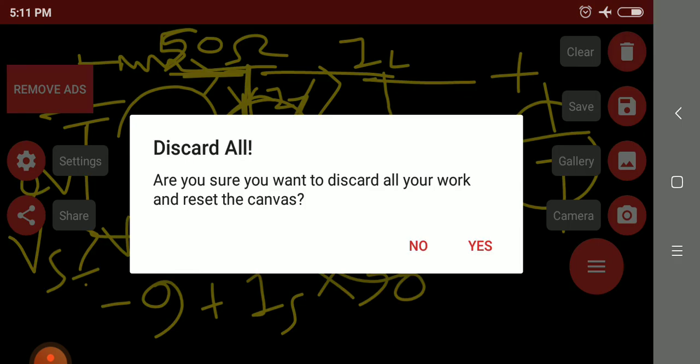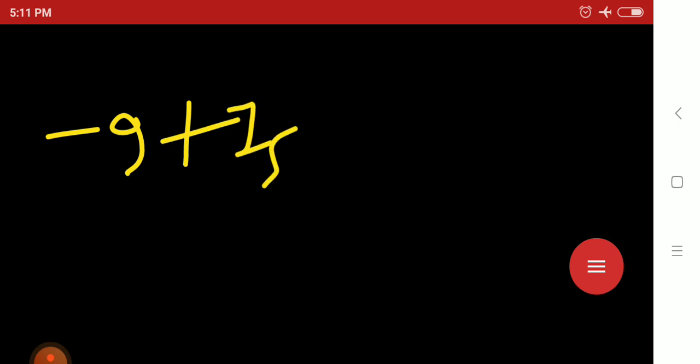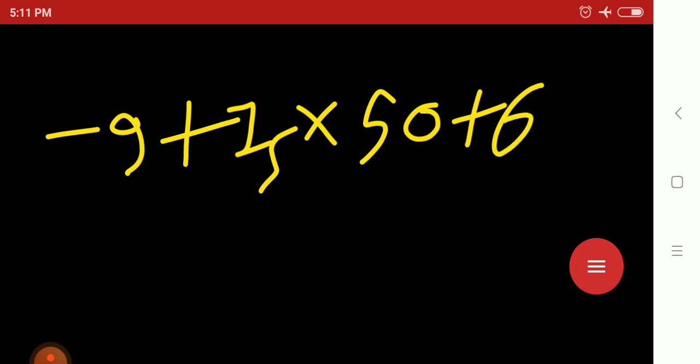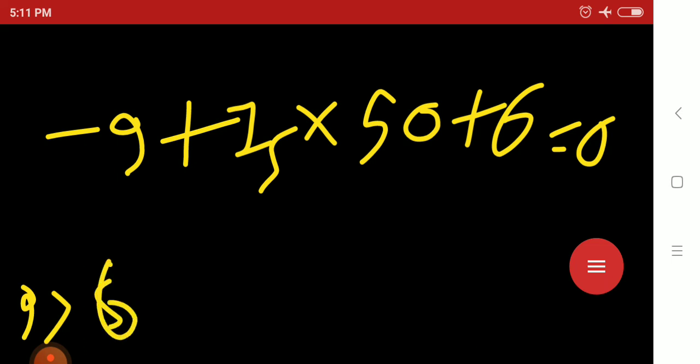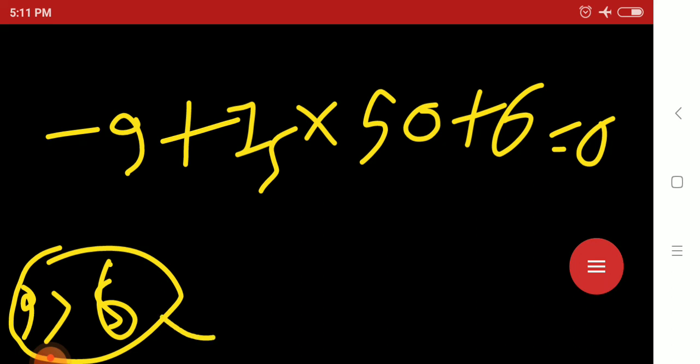So from KVL we get minus 9 plus Is into 50 plus 6 volt battery, because 9 volt is greater than 6 volt. 9 volt is the input voltage Vs, and 6 volt is the Zener diode voltage VBR.